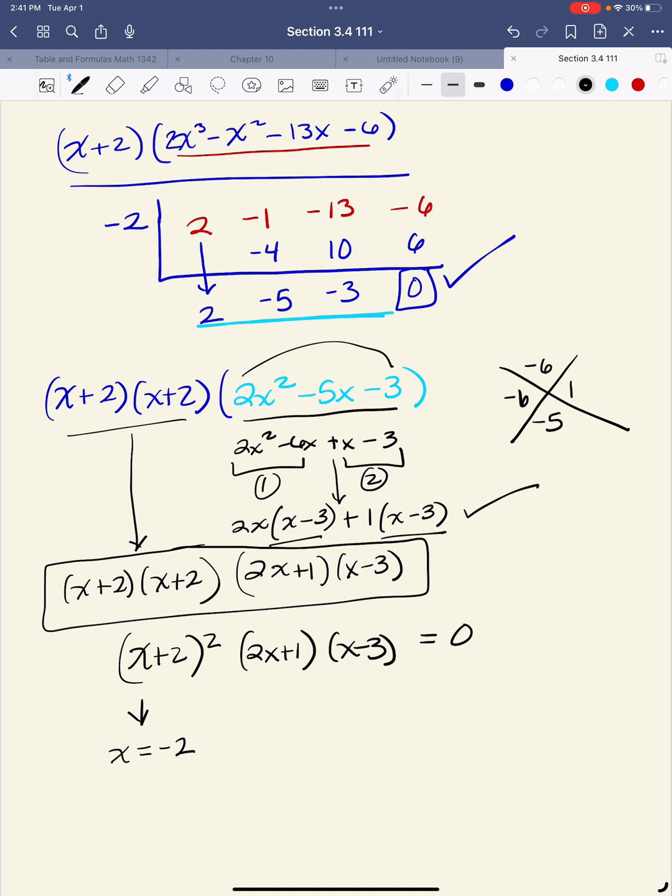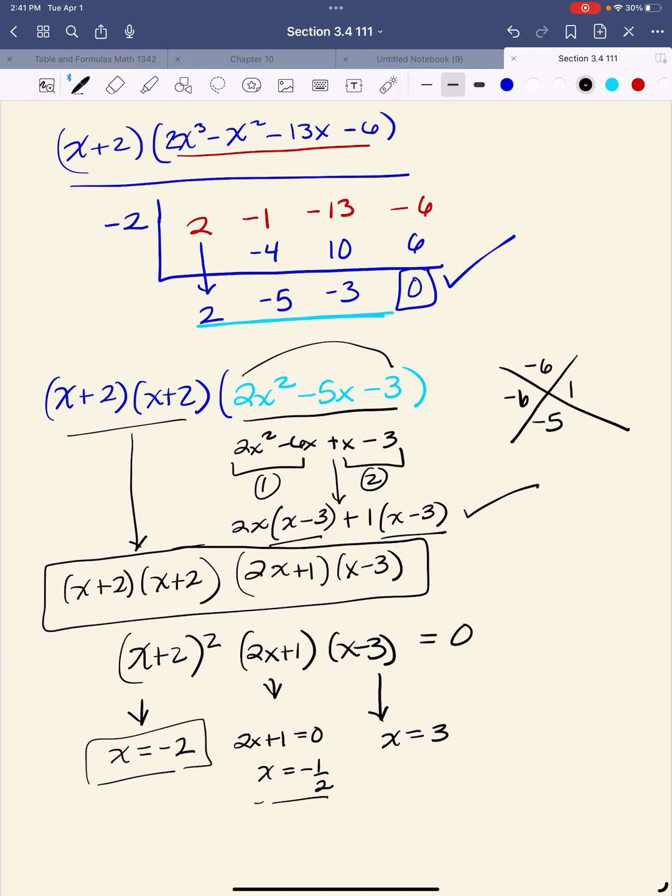If you set x plus 2 all squared equal to 0 and solve, you're still going to get x equals negative 2. This 2x plus 1 equal to 0 would give me that x equals a negative 1/2. You would subtract 1 and divide by 2. And this is going to give me that x equals 3. So now we have found all zeros.